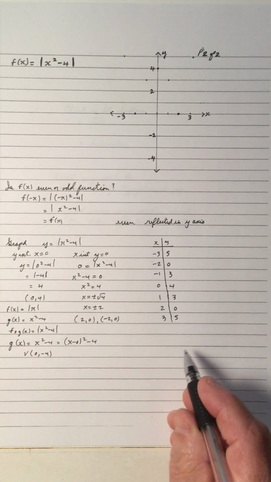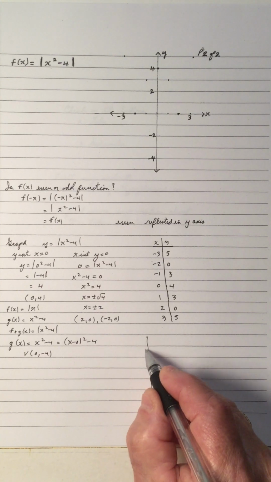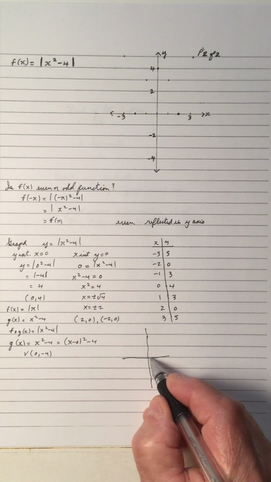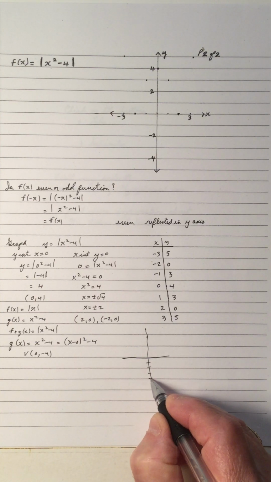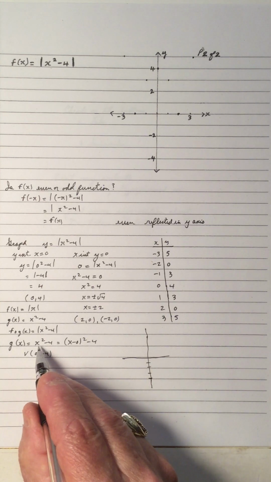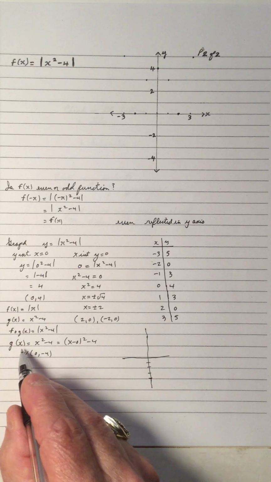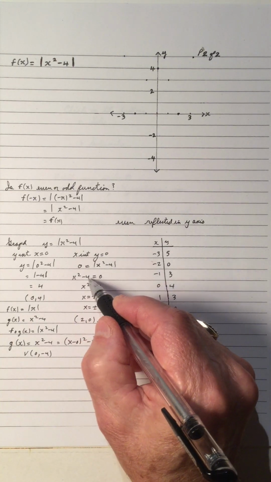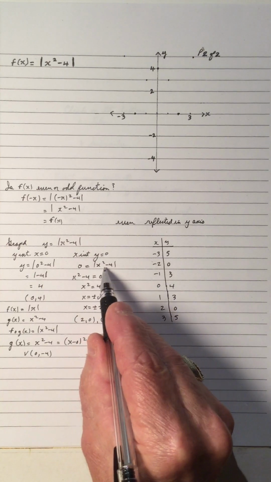I'm drawing another little graph now just to explain it. So we have a vertex where x is 0, y is negative 4. And if we let y equals 0, we get this equation.